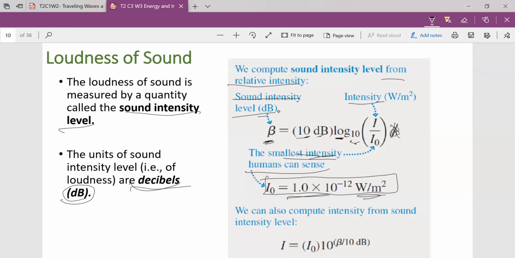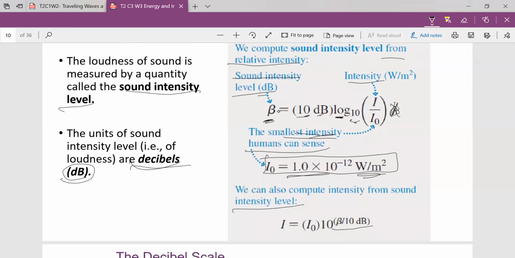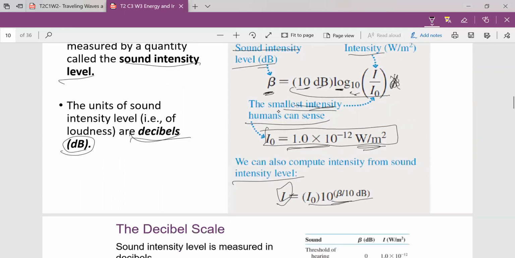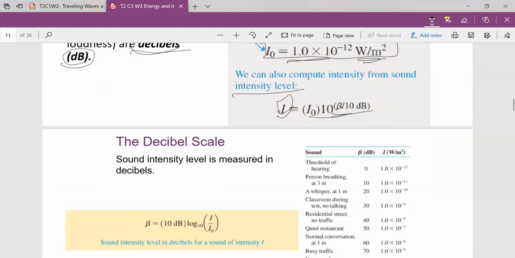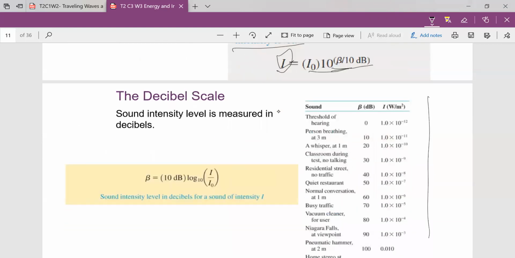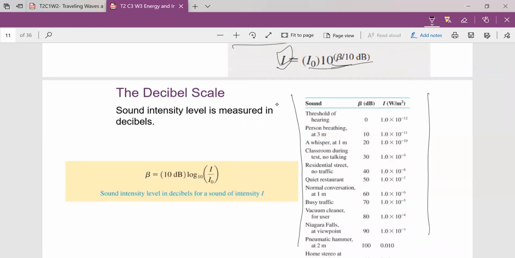Okay, so we can also compute the intensity from the sound intensity level by making intensity the subject of the formula in this relationship, and then you take the logarithm base 10 to have an exponential, 10 to the power of beta over 10 decibels, right?